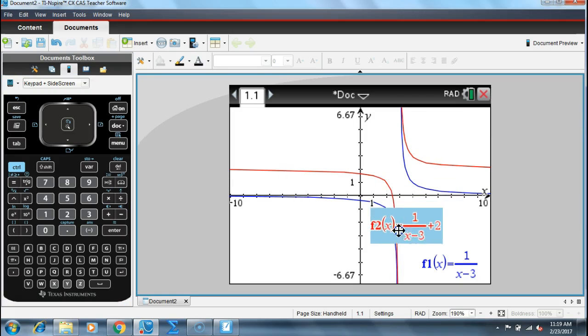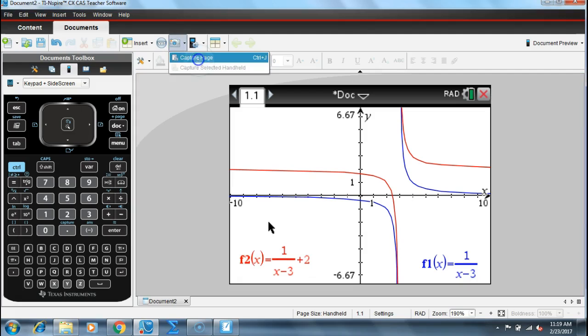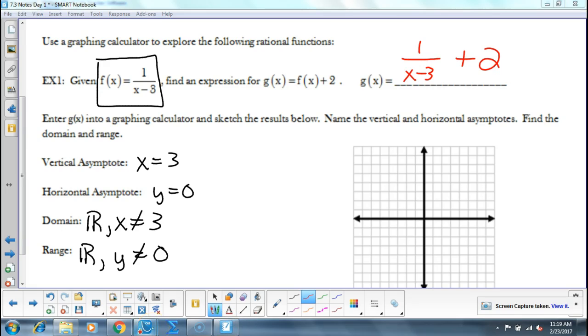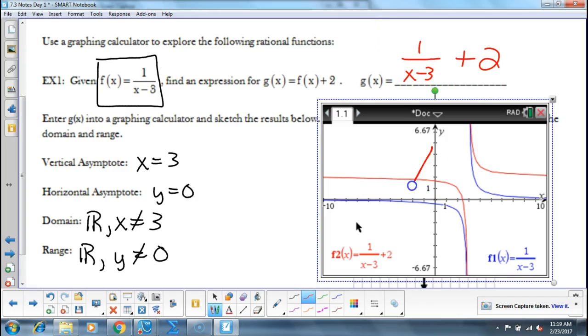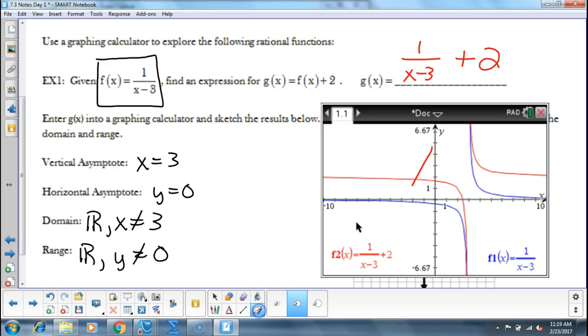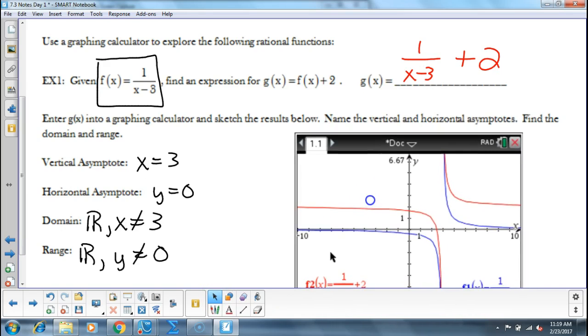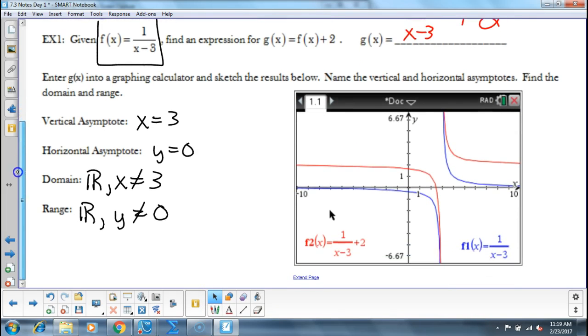Okay, so let me put this back onto here. Oops, now I gotta stop drawing on it. Okay, so there's that. So now we're looking at the red.